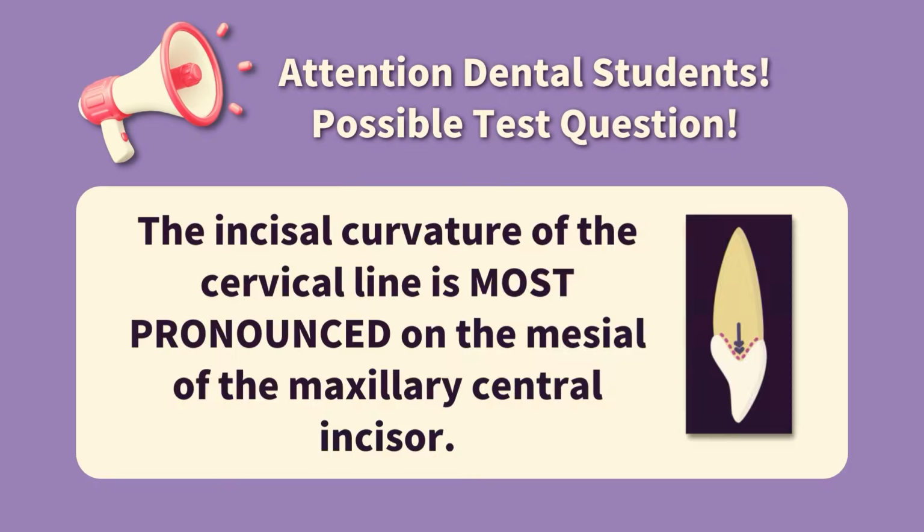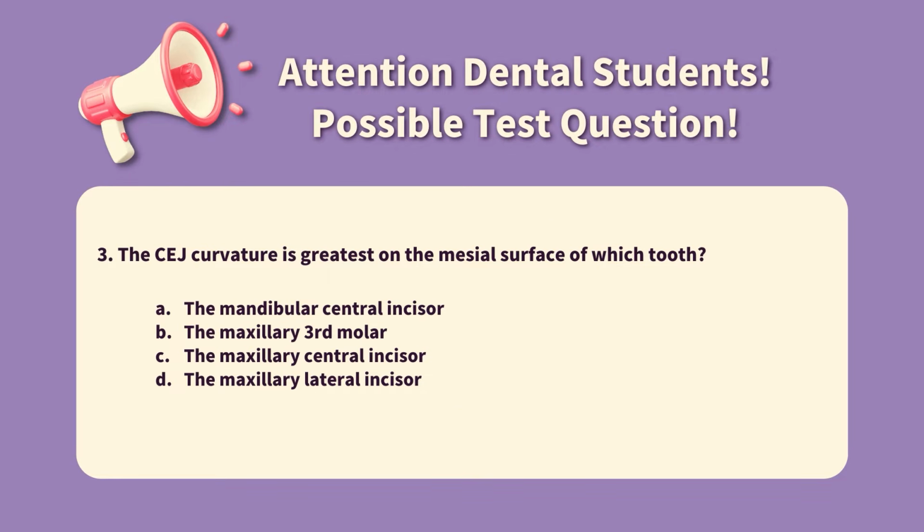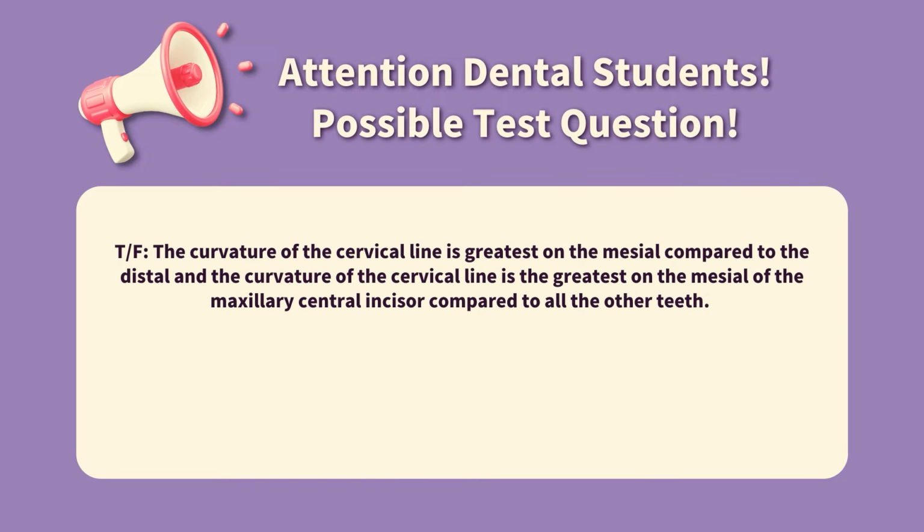Some examples. The CEJ curvature is greatest on the mesial surface of which tooth? The maxillary central incisor. True or false? The curvature of the cervical line is greatest on the mesial compared to the distal. And the curvature of the cervical line is the greatest on the mesial of the maxillary central incisor compared to all the other teeth.